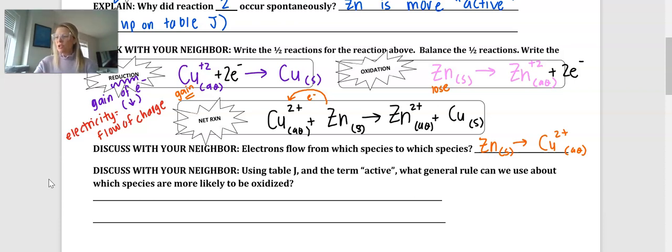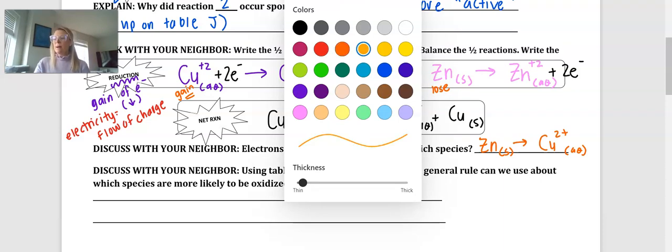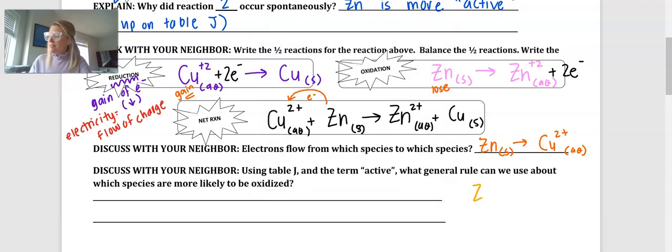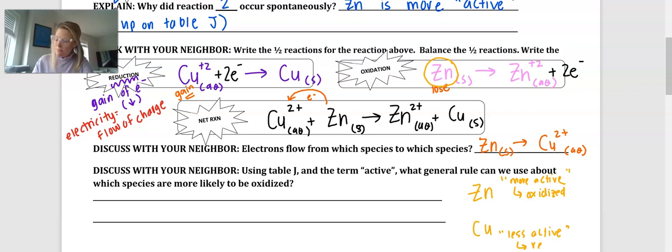So again, just to review, Zn is above copper and is more active on table J, and copper is less active. Which one of these species was oxidized? Again, the zinc was oxidized. So our more active is more likely to be oxidized in a reaction, and our less active is more likely to be reduced.